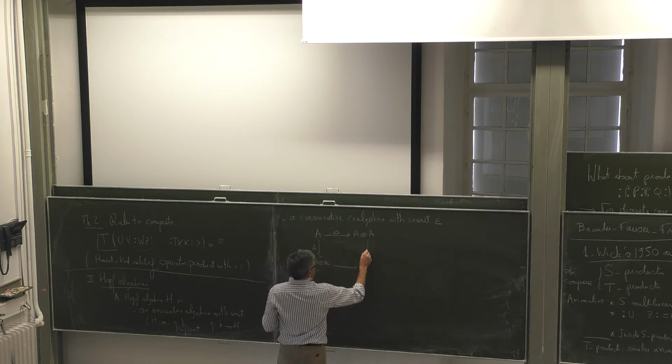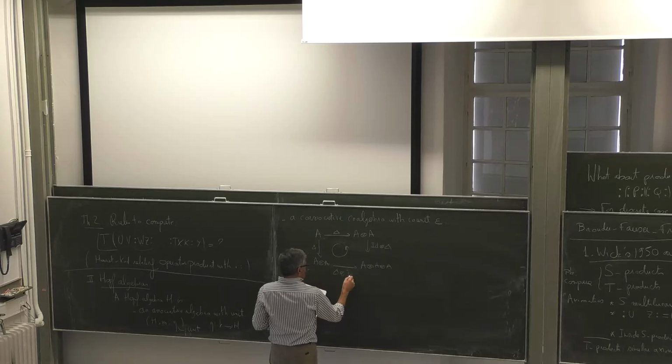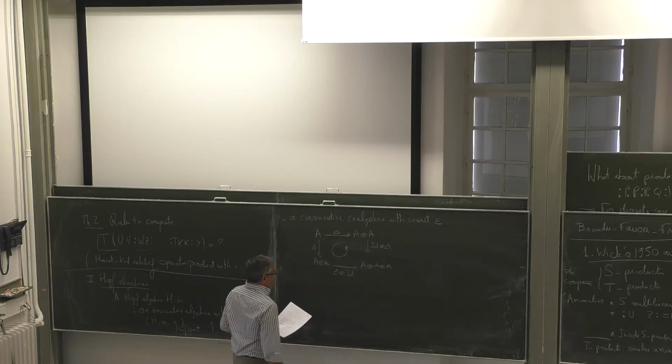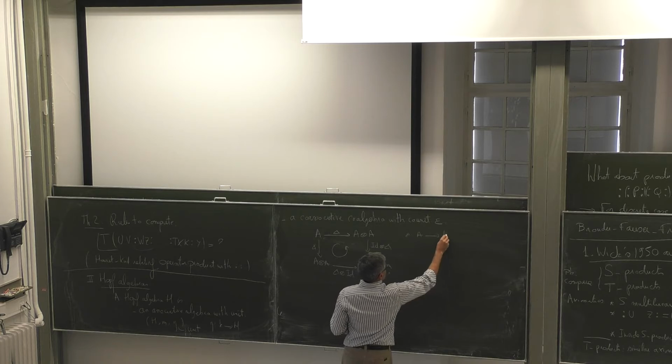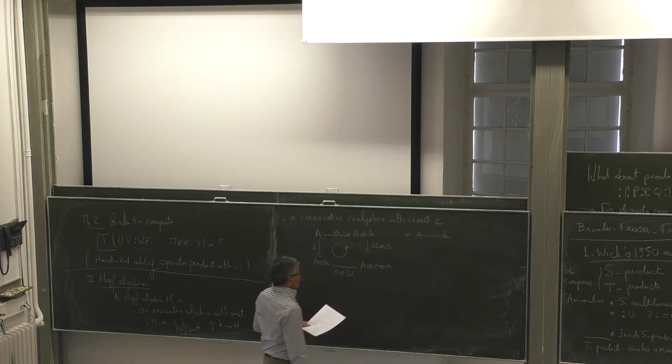And dualizing also the associative axiom, what you get is that this diagram is commutative. Then the co-unit is a map from A to the ground field, which has the dual property of a unit.